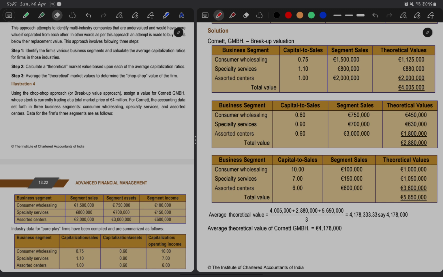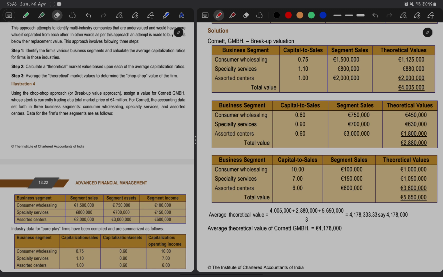So what we do is find pure play firms in each industry, in our case consumer wholesaling, specialty services, and assorted centers, and extract industry averages for relevant multiples: capitalization to sales, capitalization to assets, capitalization to operating income. Then these become our benchmarks to value each segment separately.